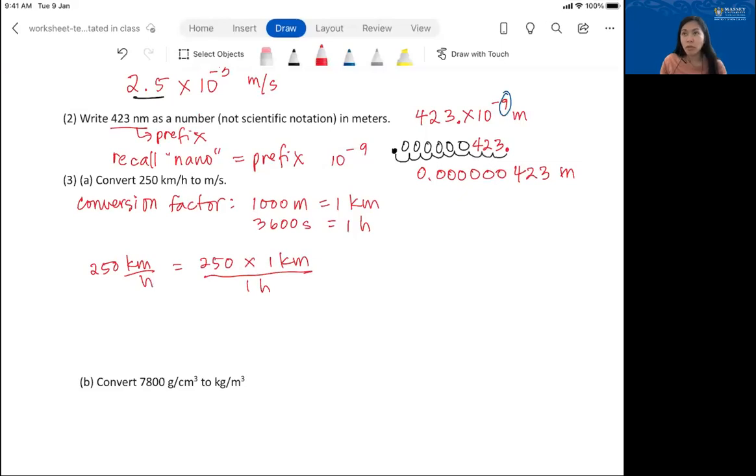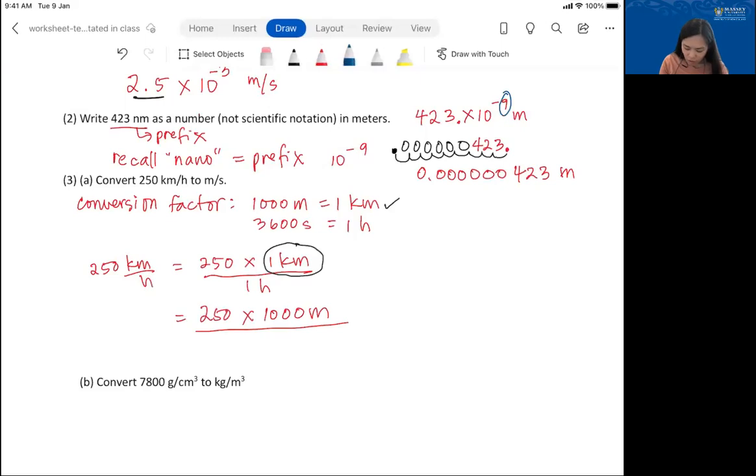Multiplying anything with 1 doesn't change the equation, because any number multiplied or divided by 1 is the number itself. But writing it this way you can easily relate your conversion factor to what you want to convert. So you can see here 1 kilometer, you should use that conversion factor and substitute 1 kilometer means 1,000 meters.